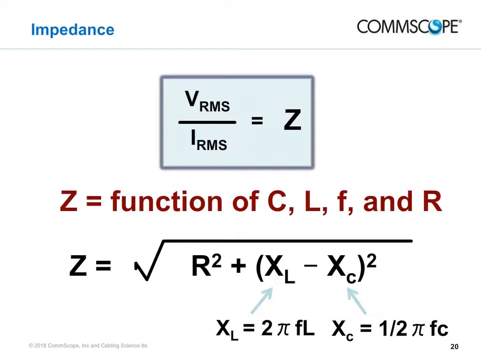A formula for calculating impedance shows how engineers improve circuit performance by adjusting the capacitance or inductance of a circuit. You can see from this formula that if the inductive and capacitive components of impedance are equal, they effectively cancel each other out. This is the principle used to improve the frequency response of cable plant, which is the subject of our next slide.